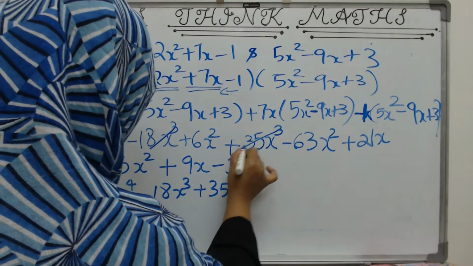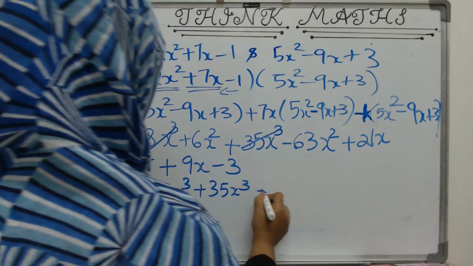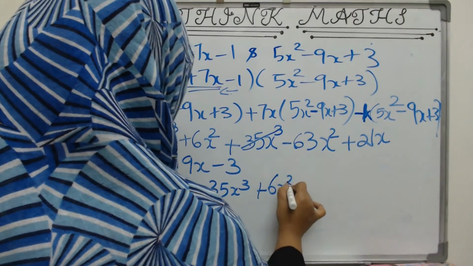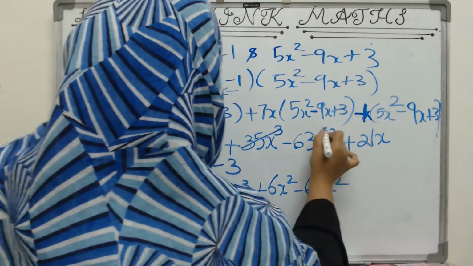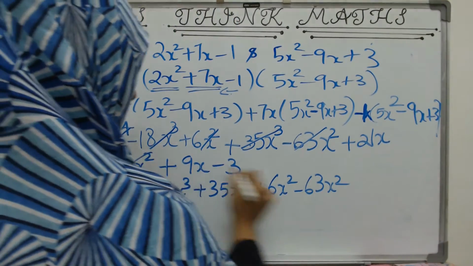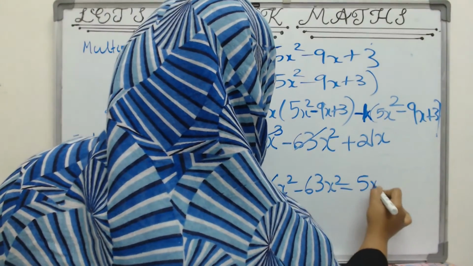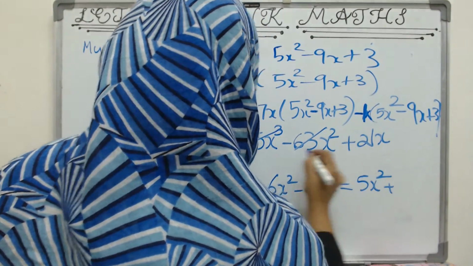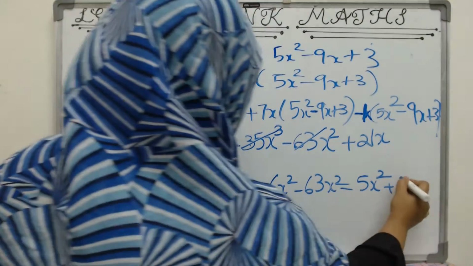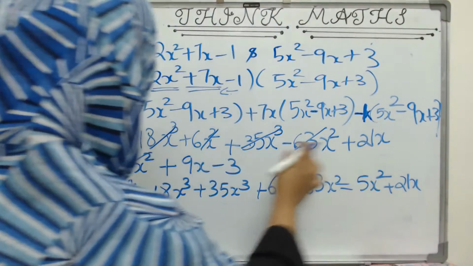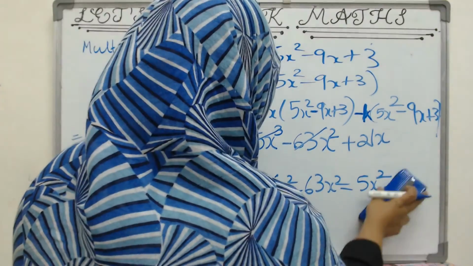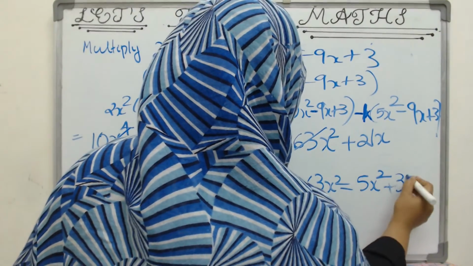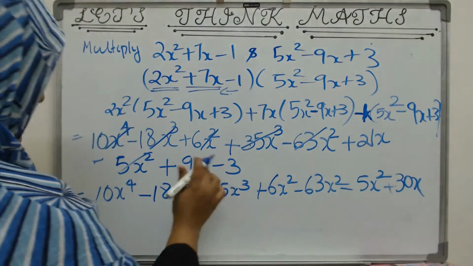I will cut that also, and then I will go to x square. Let me cut down that. Cut down, and minus 5x square plus 21x plus 9x. 21 plus 9 would be 30x. I will just write it as 30x, and then just a minus 3 here.